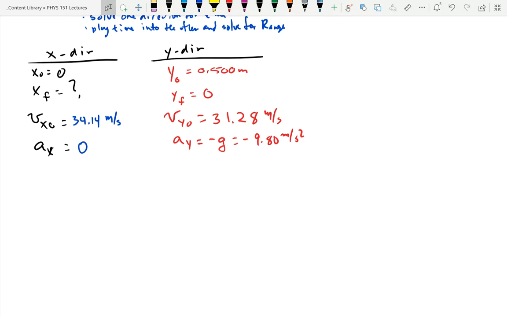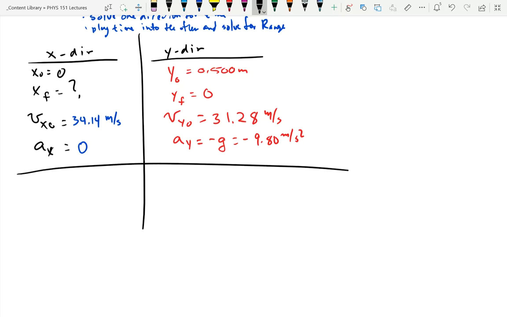And so now I have two problems, but time is going to be what relates the two. How do you suppose I should start this bad boy? Because I have all the variables except for time, and I need time because that's what ties them together.